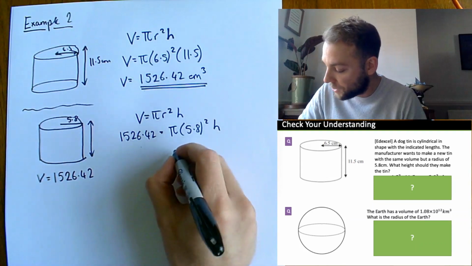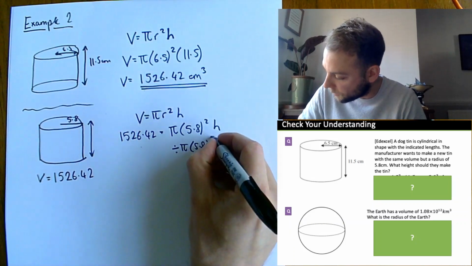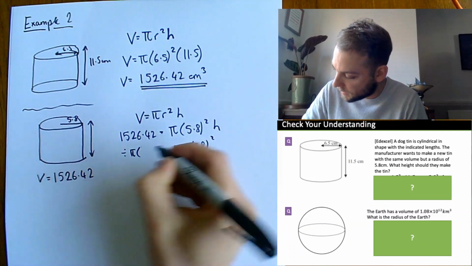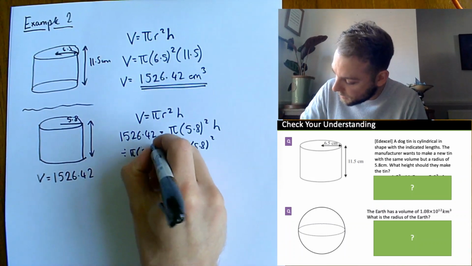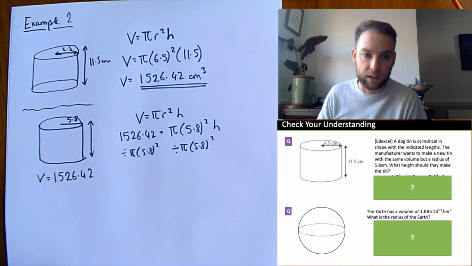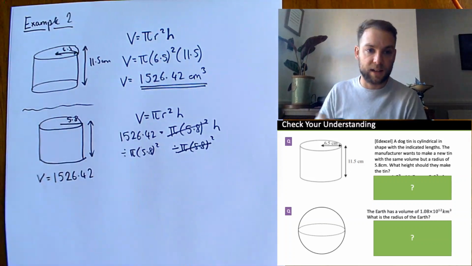So to find h on its own, I'm dividing by pi times by 5.8 squared. I'm dividing by all of that, and I've got to do the same on this side. Divide by pi times by 5.8 squared. And the reason I'm doing that is because it's just a little bit more accurate. So divide that side by that, which means that I'll get rid of that, and I'm dividing this side by this as well.